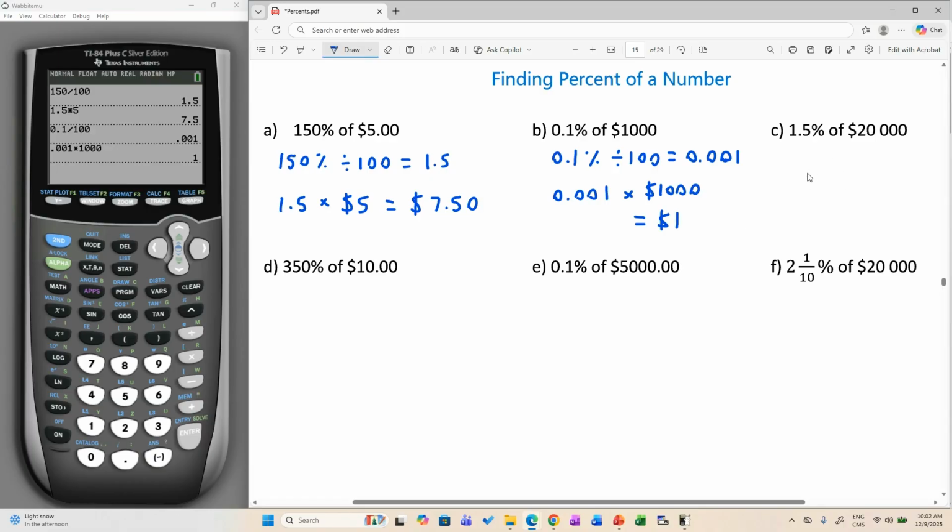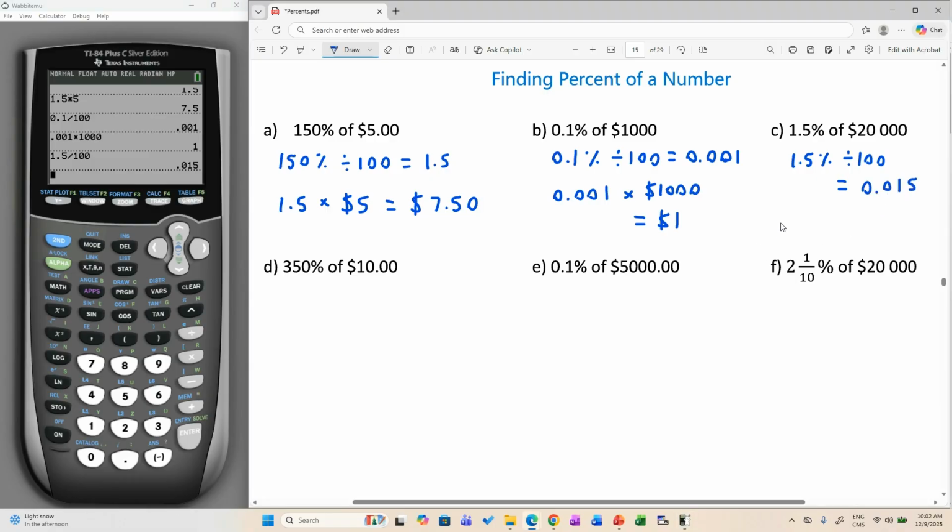Now let's do C here. For C, I have 1.5%, and I'm going to change that to a decimal value first by dividing it by 100. So 1.5 divided by 100 equals 0.015.